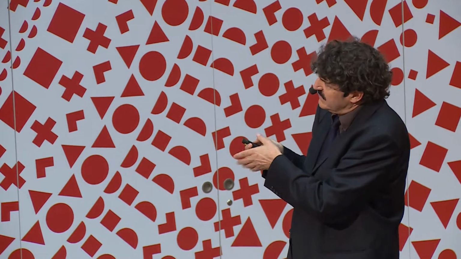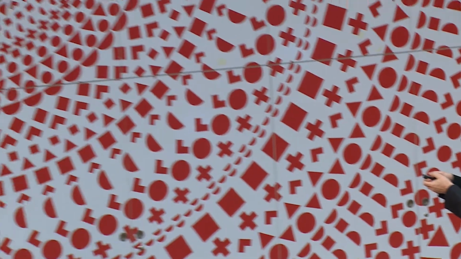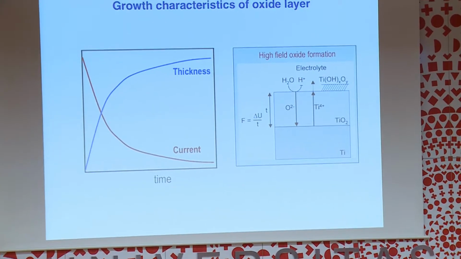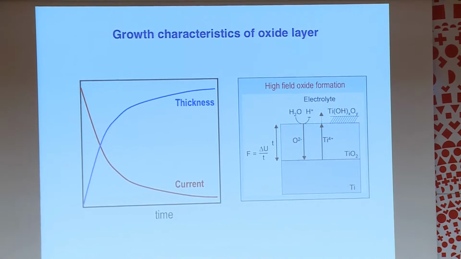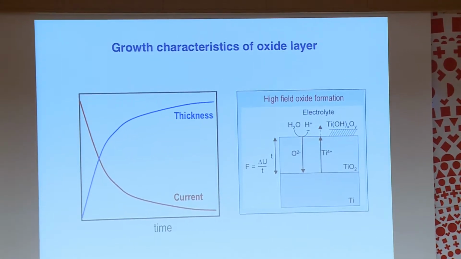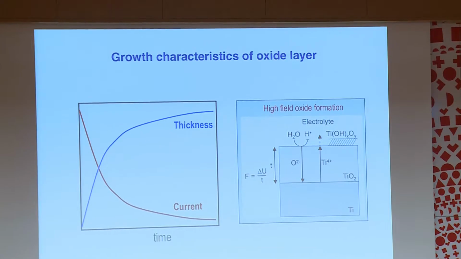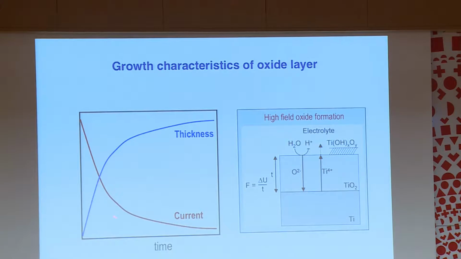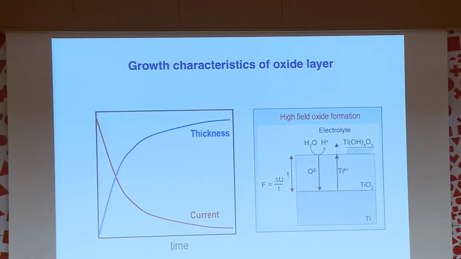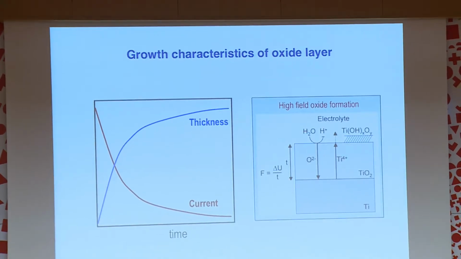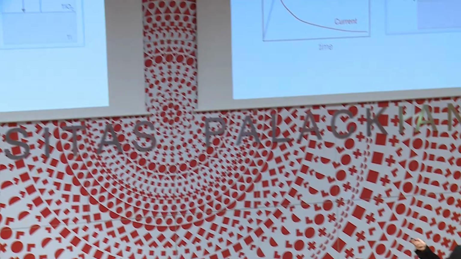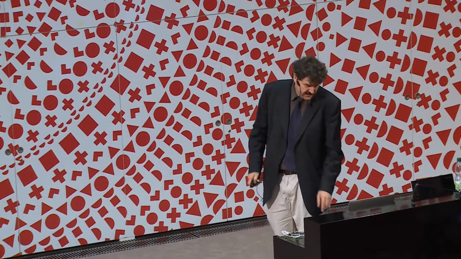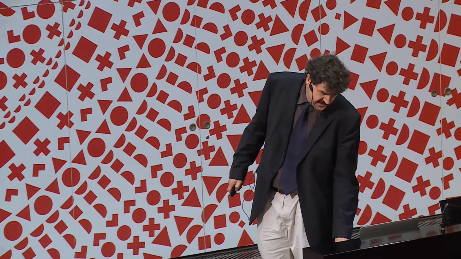In this case, with an applied voltage, the thickness grows fast and then levels off at the final value when the field is not strong enough to aid the migration of ions across the oxide layer. At the same time, of course, the current flowing through the oxide is more or less exponentially dropping as the field is lowered. So this here is just growing a compact oxide layer. This is the normal anodization process when you grow an anodic oxide under high field conditions.